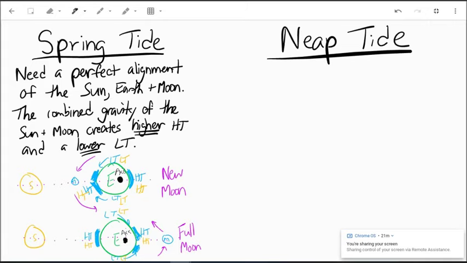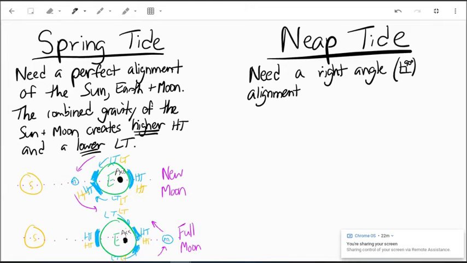So for a neap tide, there needs to be a right angle, the L, 90 degrees. You need a right angle alignment of, again, the sun, earth, and moon.